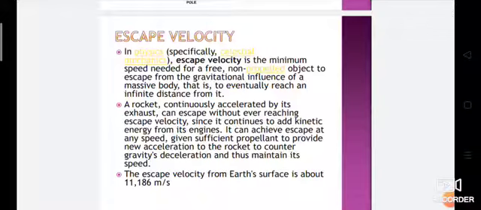Actually, Earth's gravity is a huge thing.